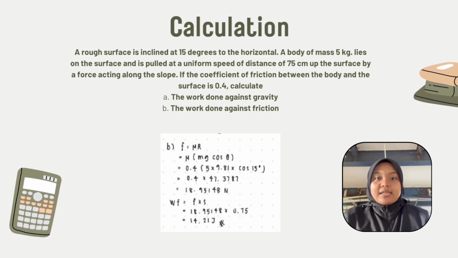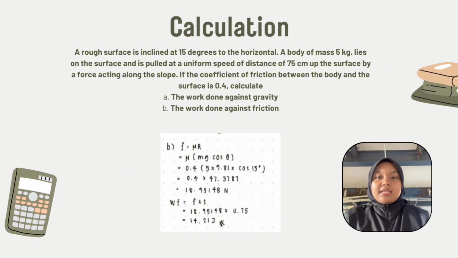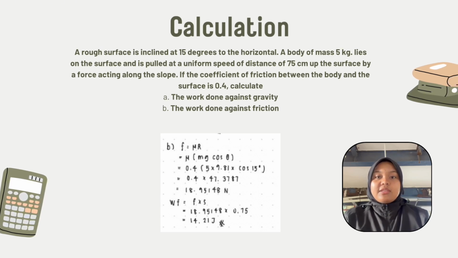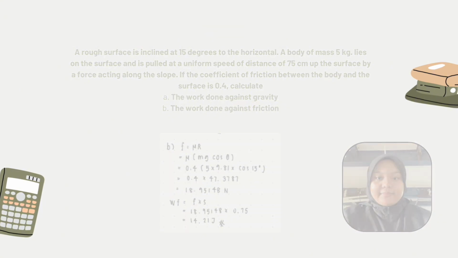Now, the work against frictional force is 18.95148 times 0.75 equals 14.21 joules. This represents the energy needed to overcome the frictional resistance.